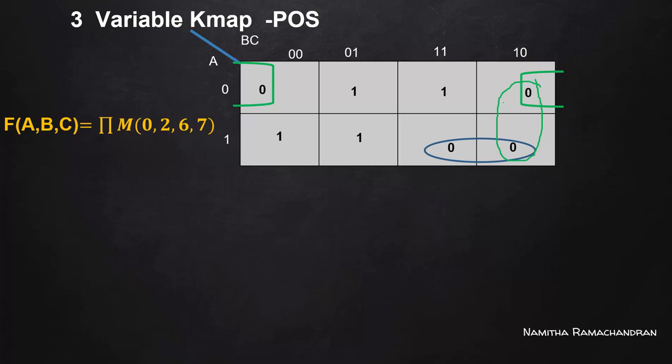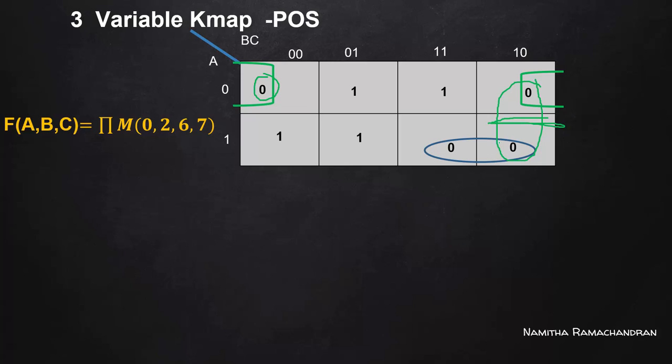Why? While considering this group, we need an extra group in order to include this 0 inside a group. So while considering this particular vertical green group, we need one more group to include this particular 0. So this vertical green group is actually redundant here, that is not needed.